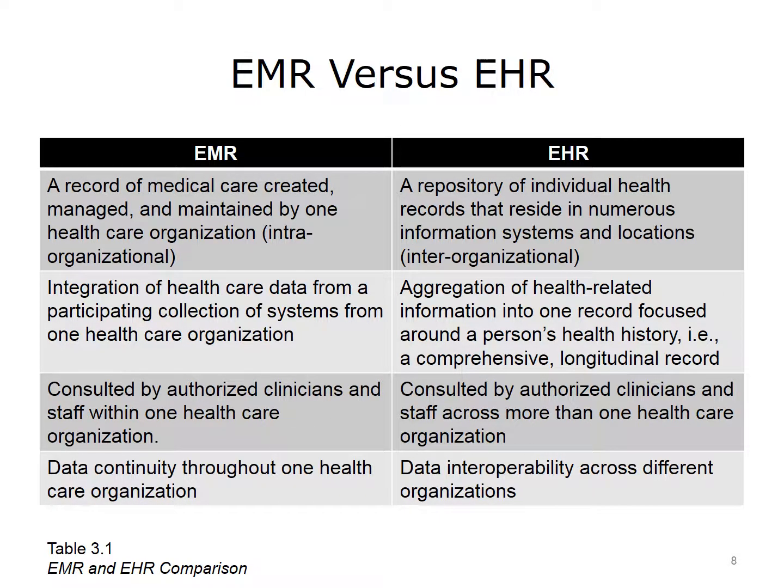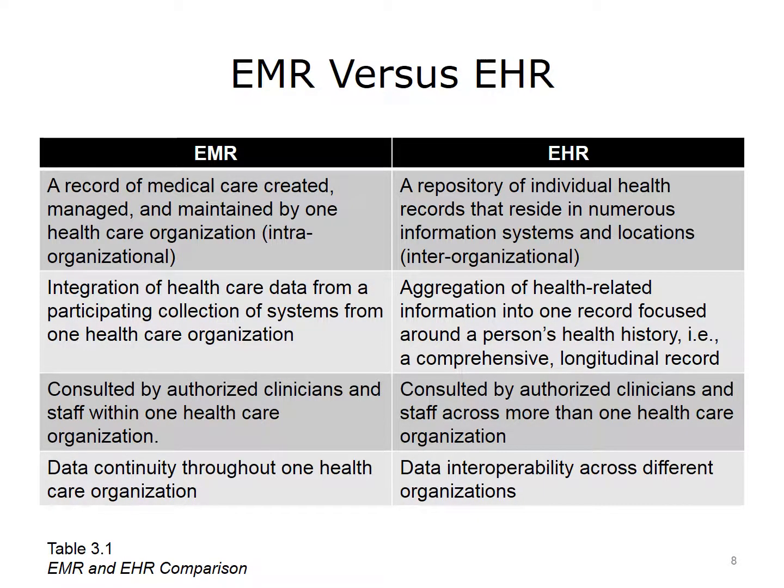of systems from one healthcare organization in contrast to an EHR, which is an aggregation of health-related information into one record focused around a person's health history, i.e., a comprehensive longitudinal record. The third row points out an EMR is consulted by authorized clinicians and staff within one healthcare organization, while an EHR is consulted by authorized clinicians and staff across more than one healthcare organization.